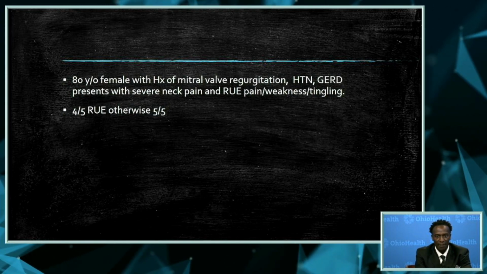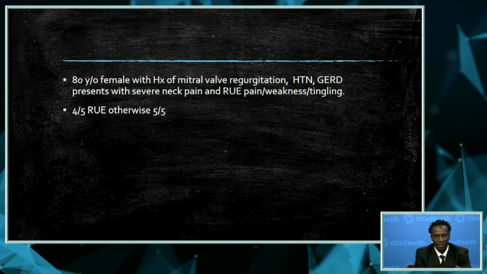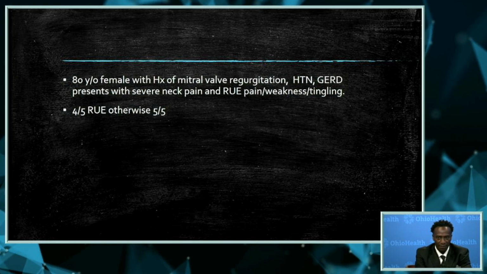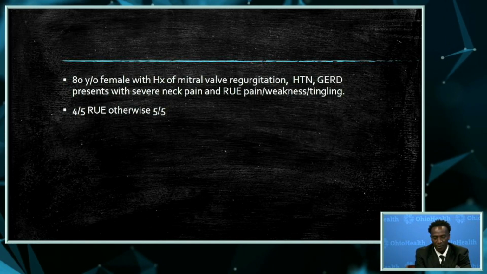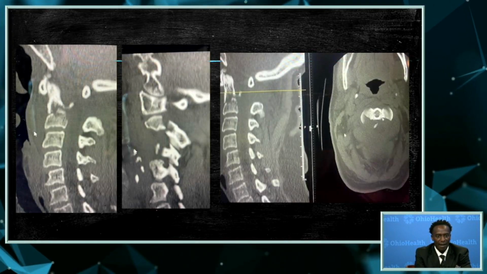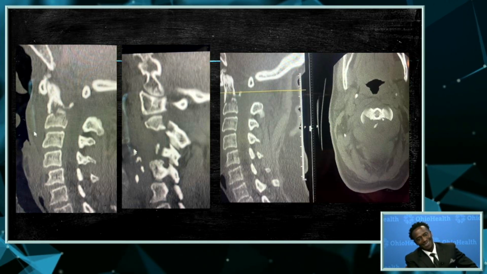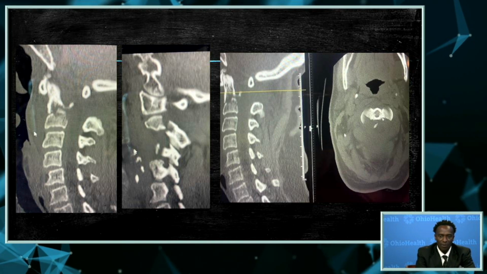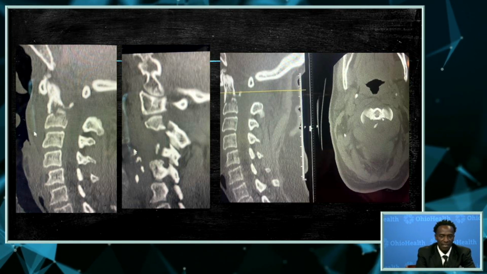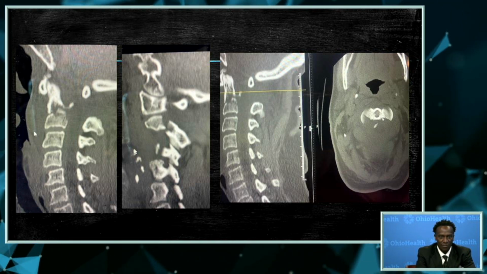Here we have an 80-year-old female with a history of mitral valve regurgitation, hypertension, and GERD who presents with severe neck pain, right upper extremity weakness and tingling. We have 4 out of 5 right upper extremity strength, otherwise she's intact. This patient has a type 3 odontoid fracture and also has, as you can see here, a Hangman's fracture.